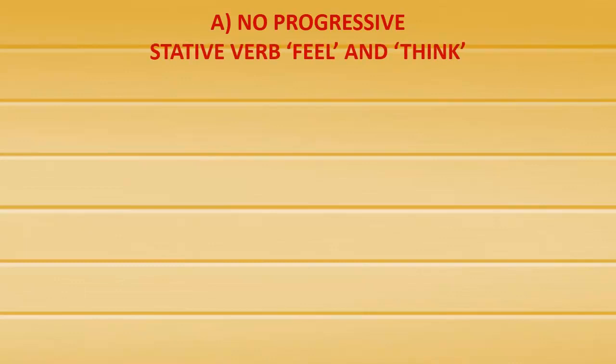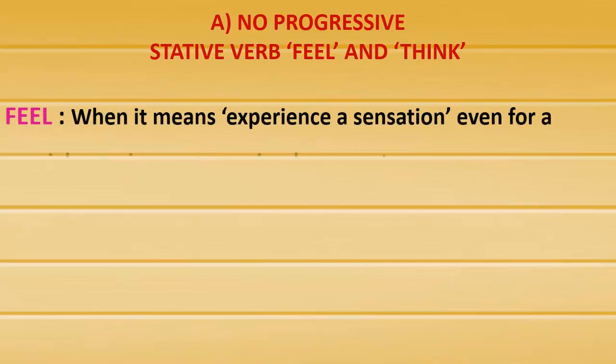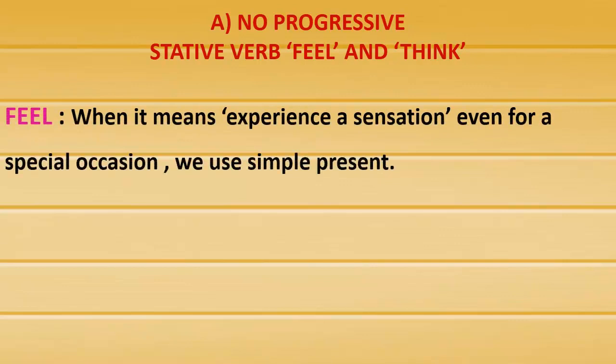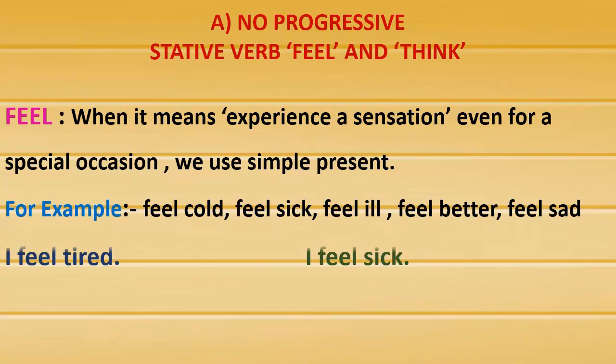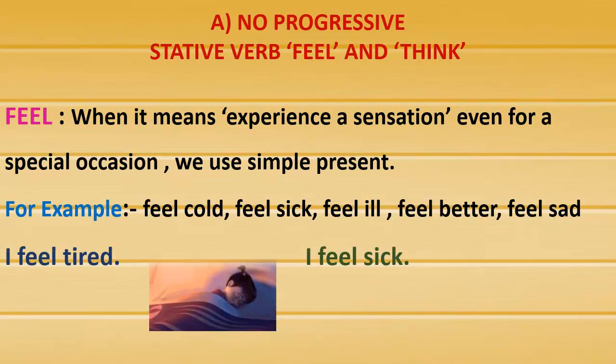Where to use no progressive, children? Where you find stative verbs, here, feel and think, two stative verbs. In this case, no progressive is used. When it means experience a sensation, even for a special occasion, we use simple present. For example, feel cold, feel sick, feel ill, feel better, feel sad. For example, I feel tired, I feel sick.